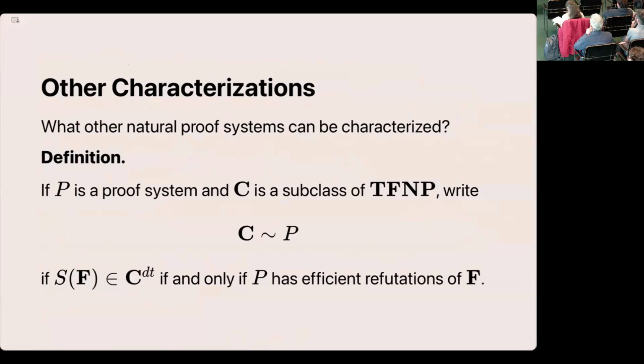If P is a propositional proof system, and if C is a subclass of TFNP, then I'm going to write C sim P if this conclusion holds: S of F is in this class if and only if P has efficient refutations. And I'm going to put a star next to efficient, right? Often efficient is going to mean low width or low degree or low depth, not just polynomial size, which is something to keep in mind. It's a good thing for us because those are usually easier to prove.